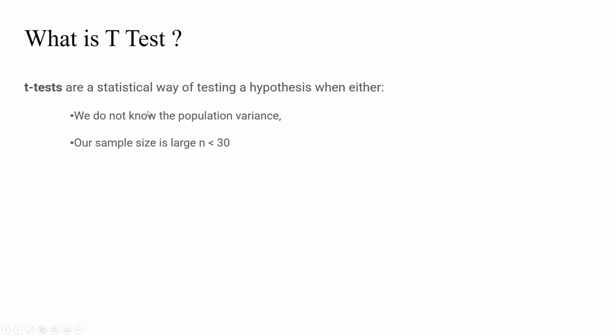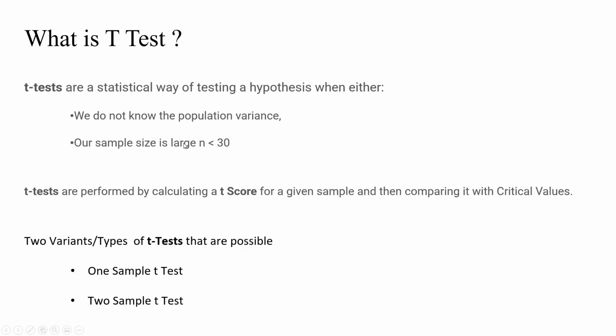So as an alternative, when we don't know the population variance, we will perform t-tests, or when the sample size is less than 30, you should prefer a t-test. And just like how Z-tests are performed, we calculate something called a t-score.